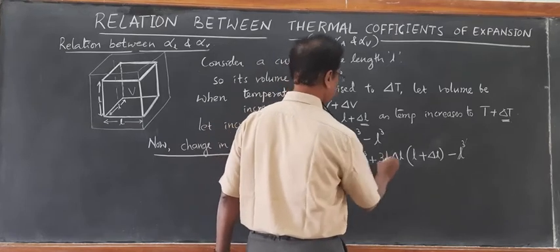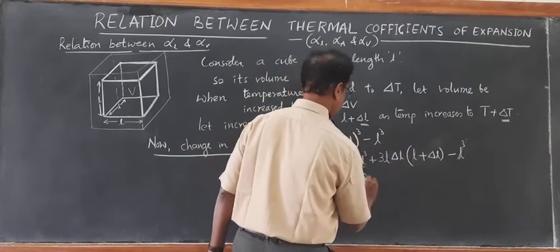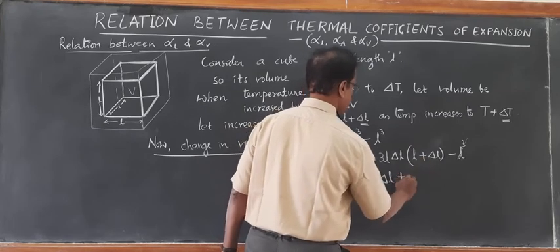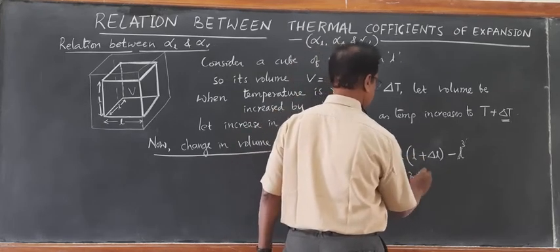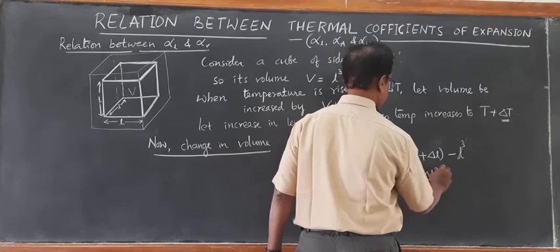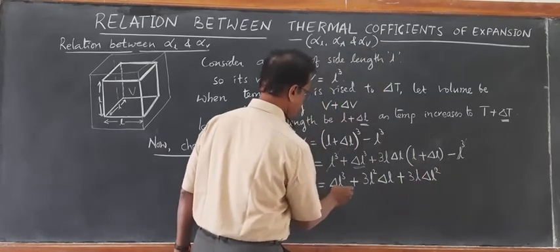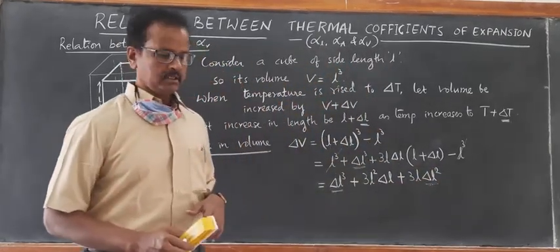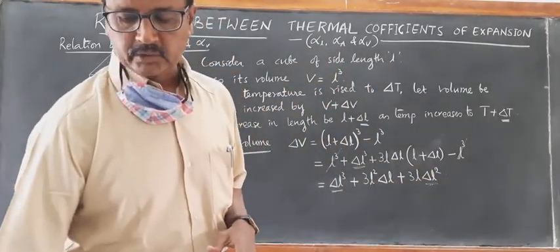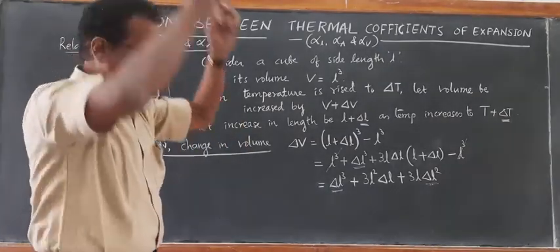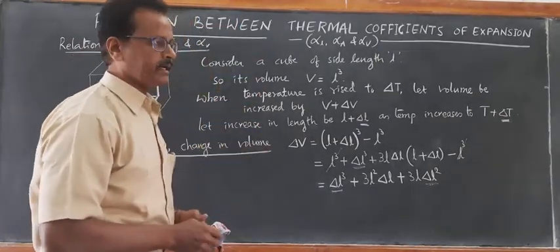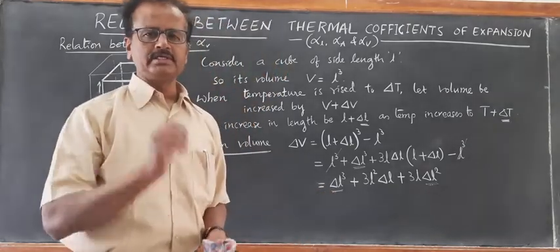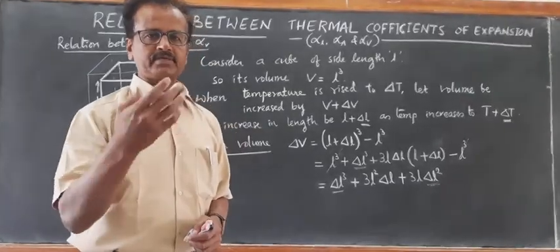On expansion we get delta L cube plus 3L square delta L plus 3L delta L square. Now we neglect the terms of delta L square and delta L cube, since delta L itself is a very small fractional change in length.